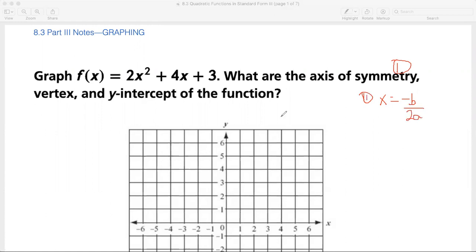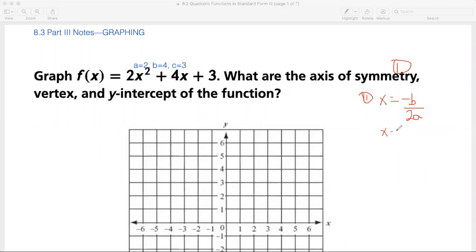I'm going to identify what my A, B, and C are. That's always important. A is 2, B is 4, C is 3. That way you don't make silly mistakes. If you watched my last video, you saw I accidentally calculated something in my head and wrote that down as opposed to the right value. Happens all the time, so be careful.